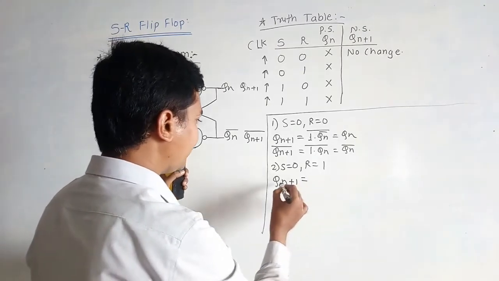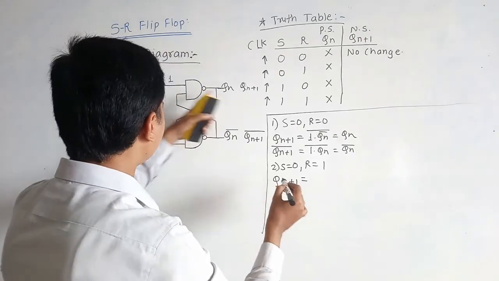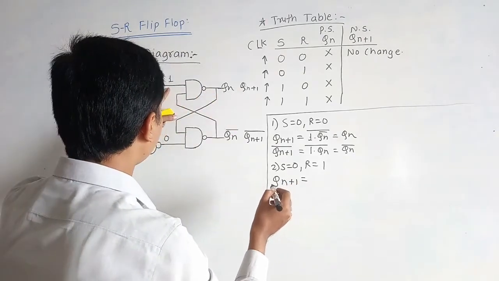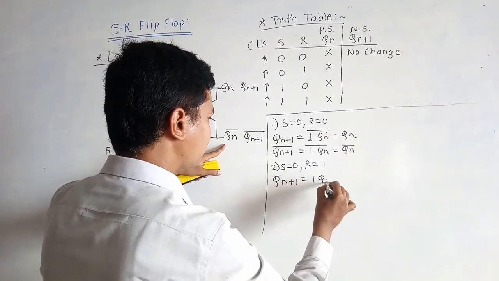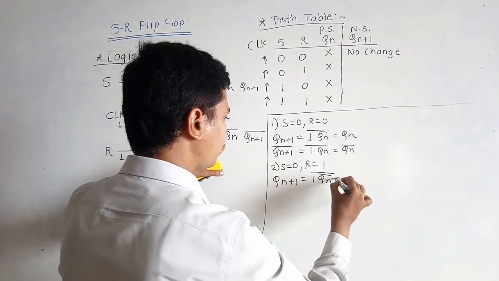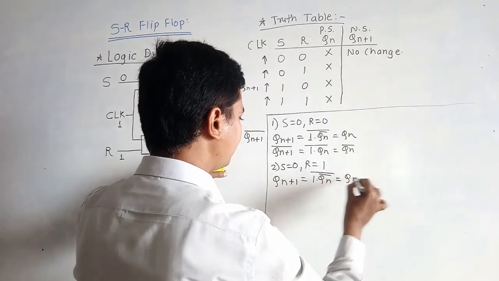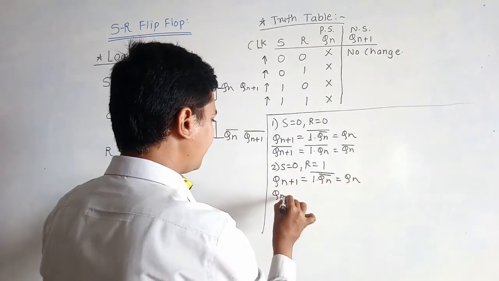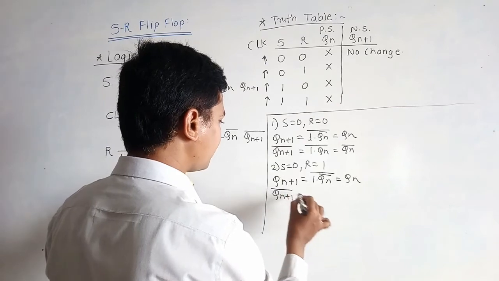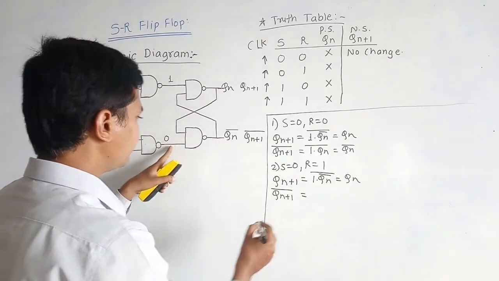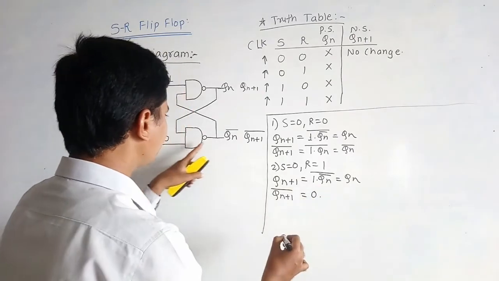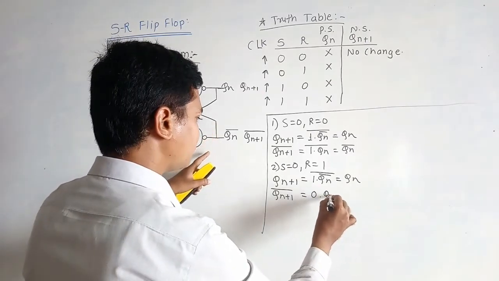So for obtaining Qn+1, Qn+1 is what? 1 AND with Qn bar whole bar. So here the output will become Qn, and Qn+1 whole bar is equal to 0 dot Qn whole bar.